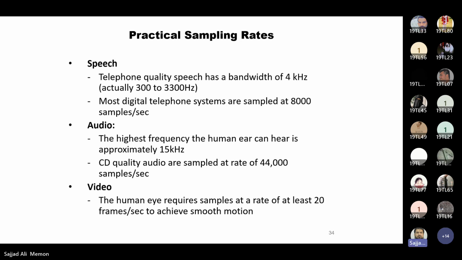Okay, seems like we have done all three examples. Yes. Okay, move on. Then we have some practical sampling rates: speech, audio, video.